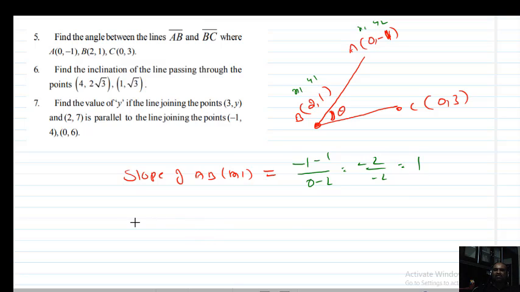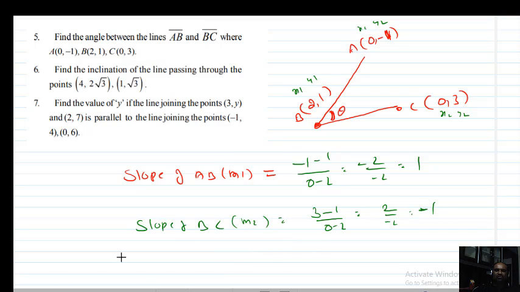Slope of AB equal to 1. Slope of BC, in bracket M2, equal to, now this is x1 y1, this becomes x2 y2. (y2 minus y1), (3 minus 1) by (0 minus 2), that is equal to 2 by minus 2, that is equal to minus 1. Okay.